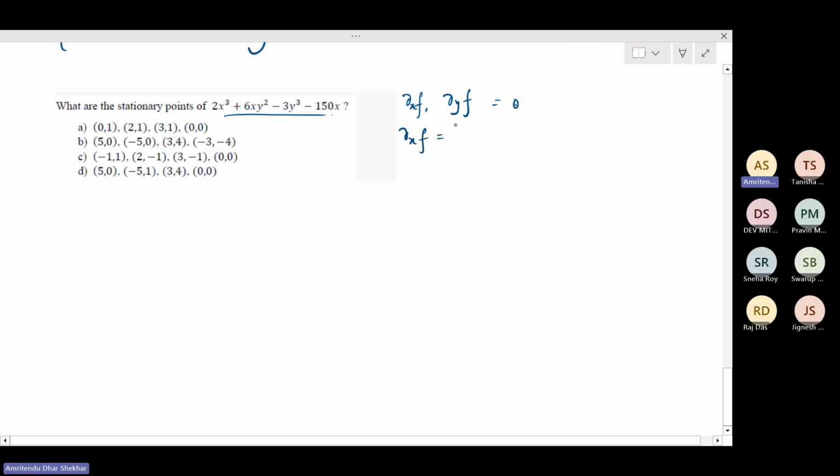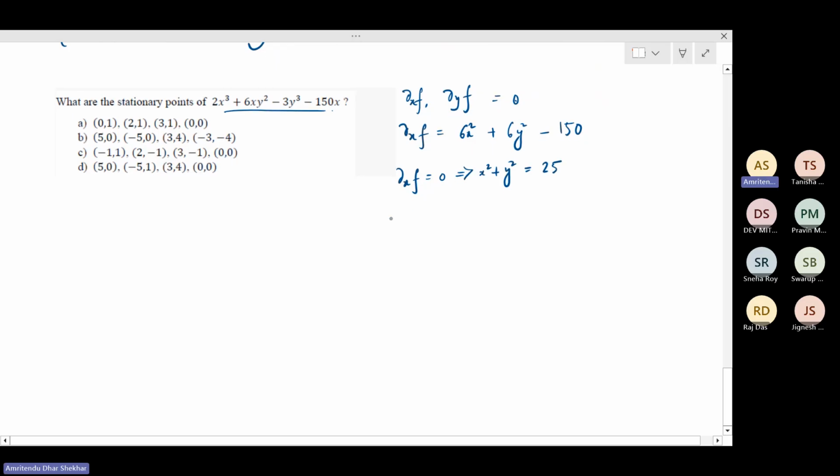Del x of f is equal to 6x squared plus 6y squared minus 150. If we equate this to 0, that implies that x squared plus y squared is equal to 25.